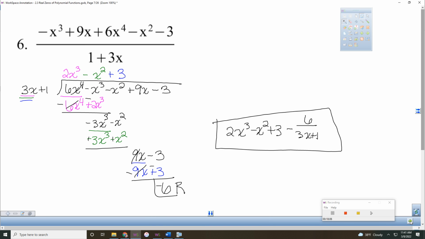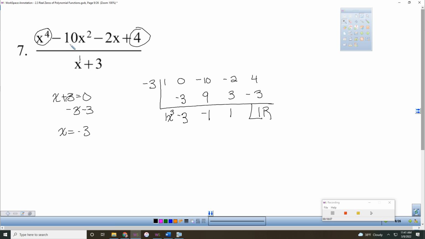So on all of these, since they're all going to be linear when you divide, you're just going to decrease that by 1. So if this term is the x to the 3rd, this would be x to the 2nd, this would be x to the 1st, and this would be no x. So my answer would be x cubed minus 3x squared minus x plus 1 plus my remainder, which is 1 over what I divided by, which is x plus 3.